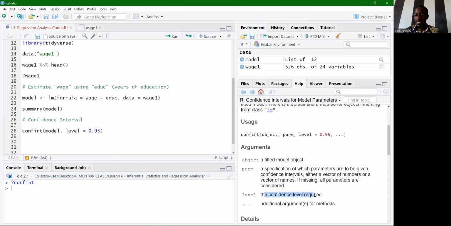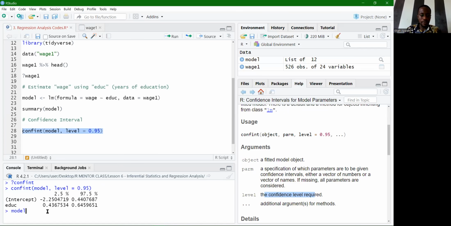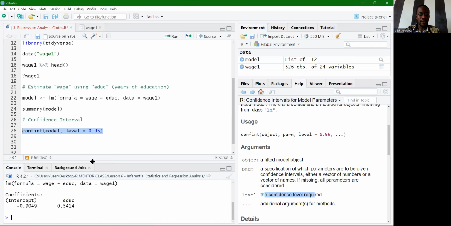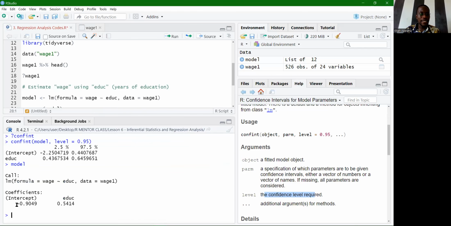So the level is the confidence level required, right? So we say 95% confidence level. When we do that, we are computing the 95% confidence interval. So when we run this, for the intercept, we get the confidence interval to be negative 2.2 up to 0.44. And if we check against the estimated, do we find the negative 0.9049 within this range?